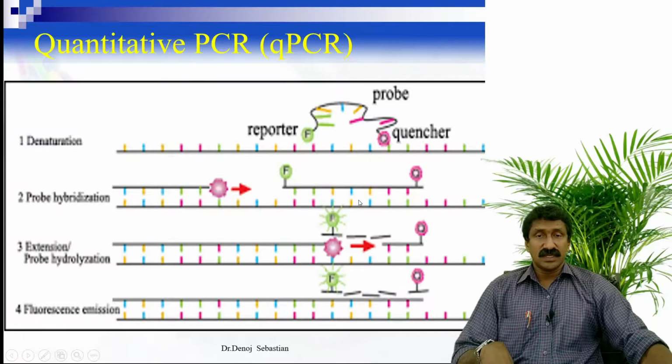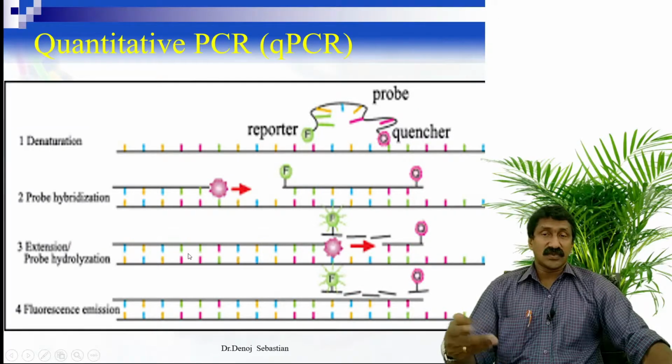The removal of the reporter fluorescent probe from the DNA by cleaving activates the fluorescent component of the fluorophore, and that fluorescence emitted can be detected in real time.